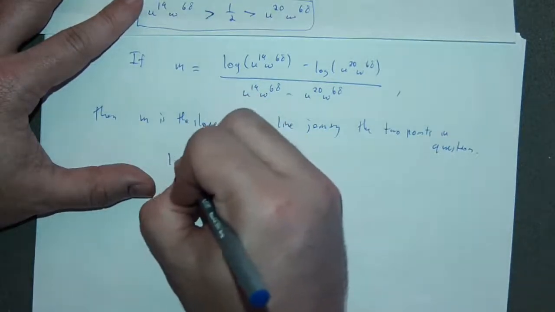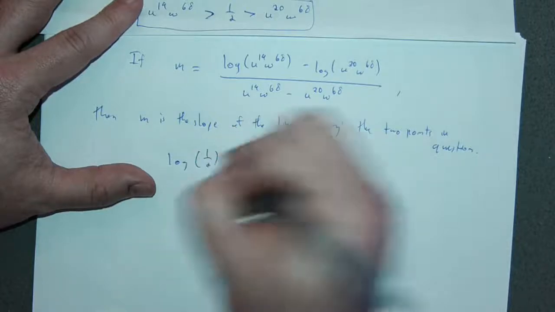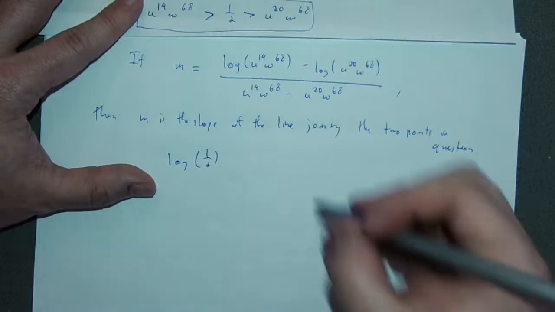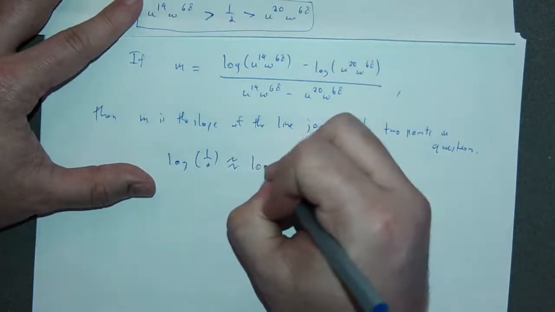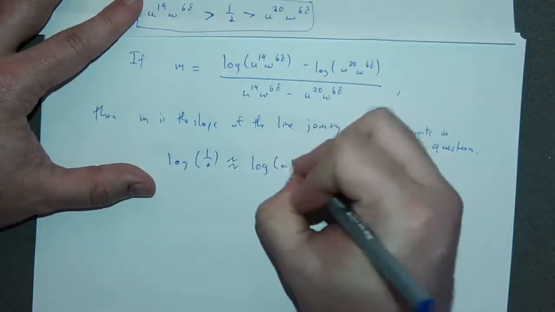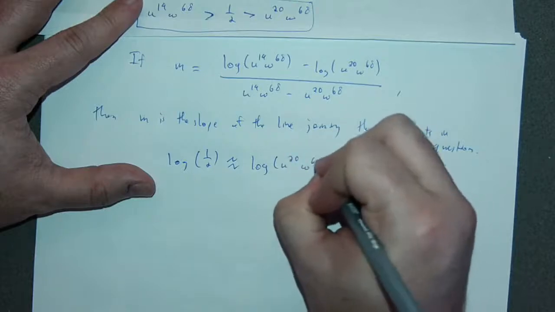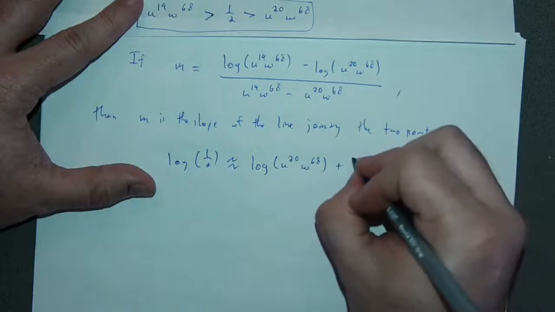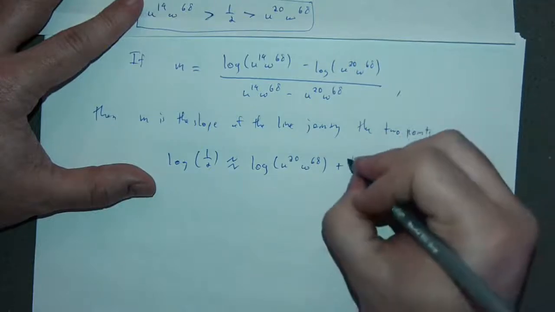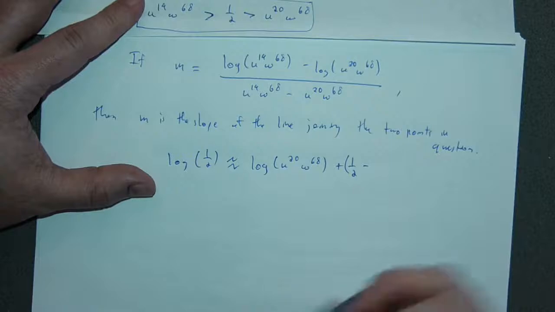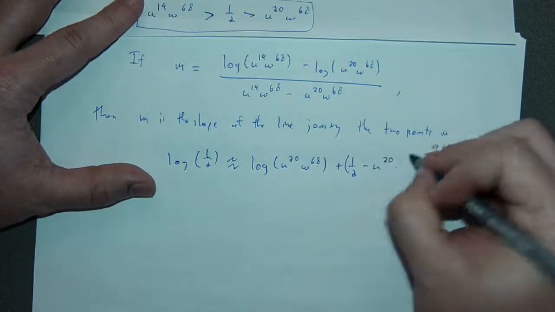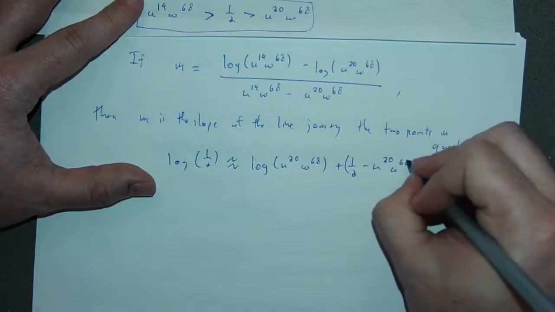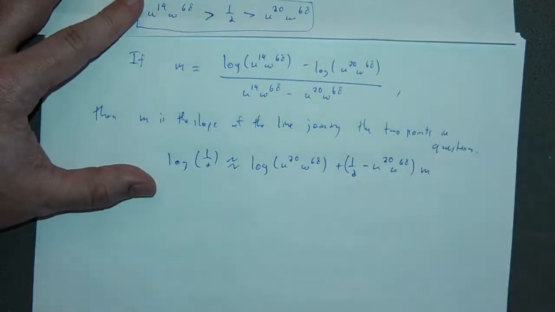So then using linear interpolation again here, what does this mean? It means that log of 1/2, 1/2 being squeezed by these two quantities, right? This is approximately log of U to the 20 W to the 68 plus 1/2 minus U to the 20 W to the 68 times m, this slope.